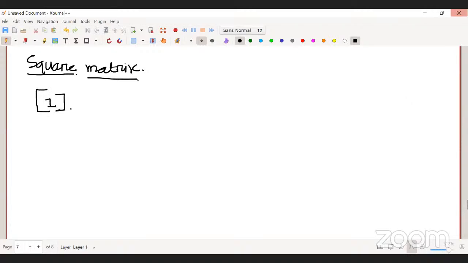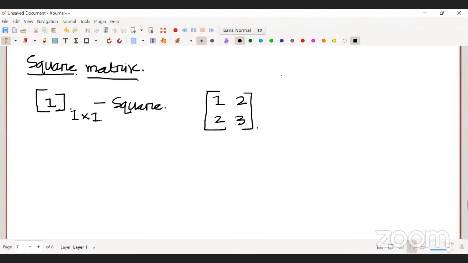So for example, suppose we consider this matrix. What is the order of this matrix? Singleton 1. Correct, this is a matrix of order 1 cross 1. Here the number of rows and number of columns are the same, so this is an example of a square matrix. Similarly, if I consider this matrix 1, 2, 2, 3, it is 2 cross 2.